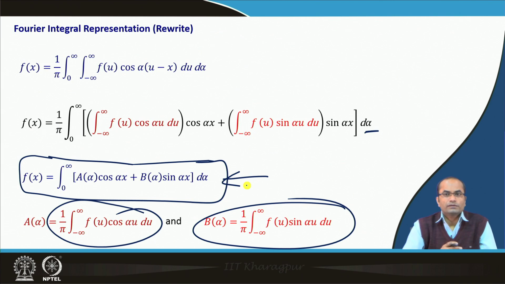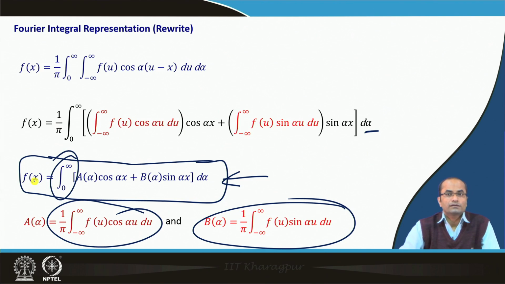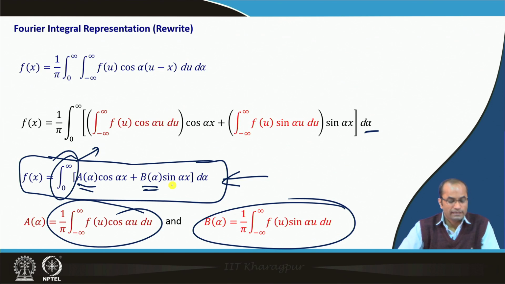If we take a closer look at this integral representation, then we will realize that this is similar to what we have for the Fourier series. In the Fourier series, we have the summation, and there were Fourier coefficients a n and b n.